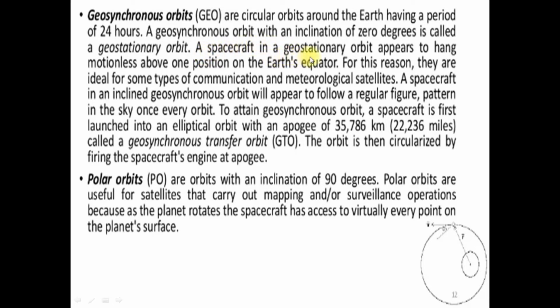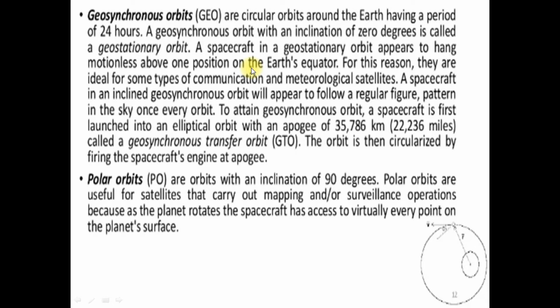A spacecraft in a geostationary orbit appears to hang motionless above one position on Earth's equator. For this reason, they are ideal for some types of communication and meteorological satellites. A spacecraft in an inclined geosynchronous orbit will appear to follow a regular figure-eight pattern in the sky once every orbit.